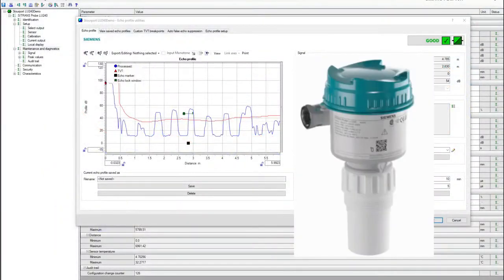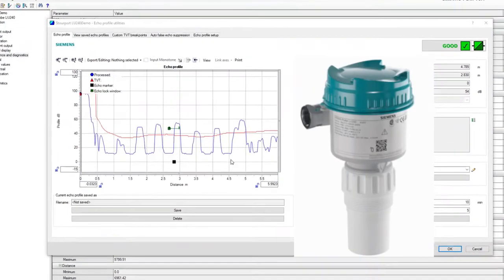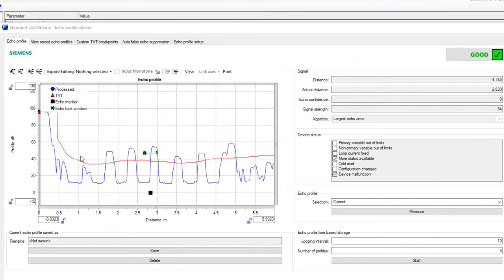We will start with the LU240, which has a 10-degree beam angle, and as you can see, without the obstacles, this device is already struggling a little bit without me doing anything out of the box. It has a confidence of 0, but a relatively good echo strength.